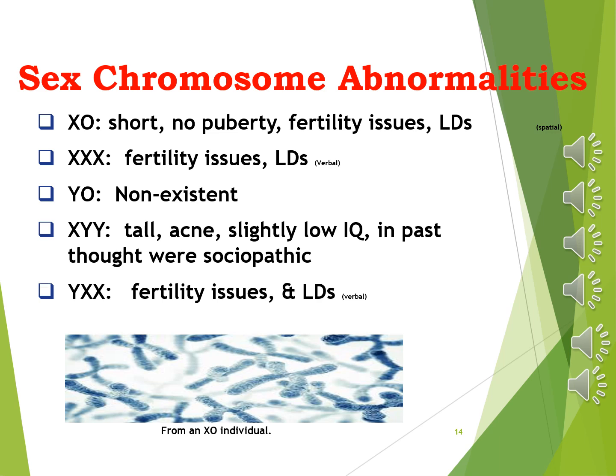Let's now consider an individual with 3 X chromosomes, basically the opposite problem of Turner's, too many. Since this person has no Y chromosome, she is a she. She's also going to have fertility issues and quite likely learning disabilities, but of a different nature than the Turner syndrome person.